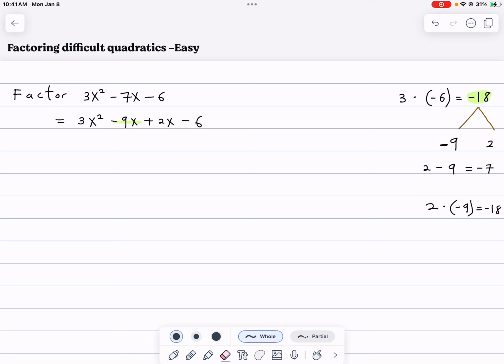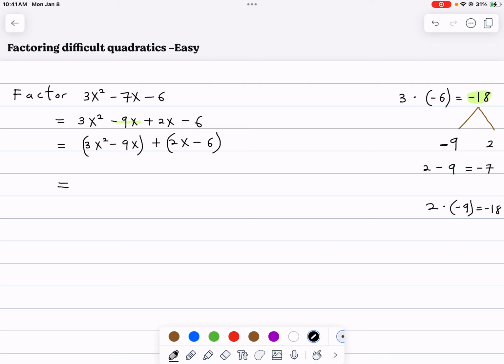So now, the next thing I want to do is group, right? So I'm going to group this way: 3x squared minus 9x, put that in parentheses, plus 2x minus 6, put that in parentheses. Then I will factor.